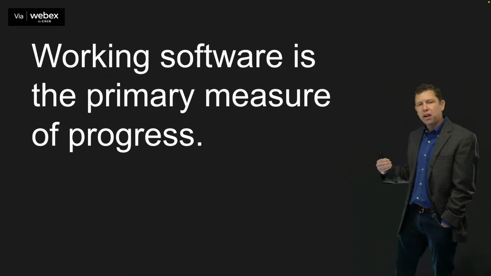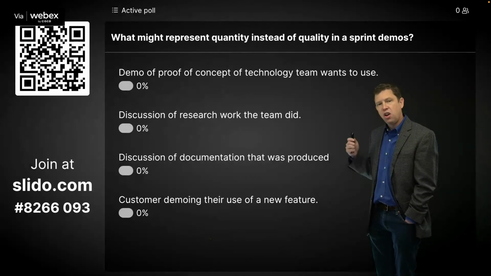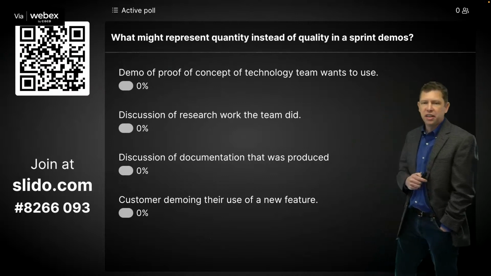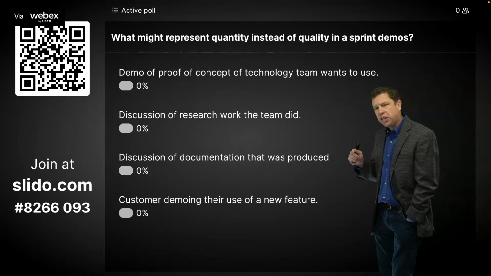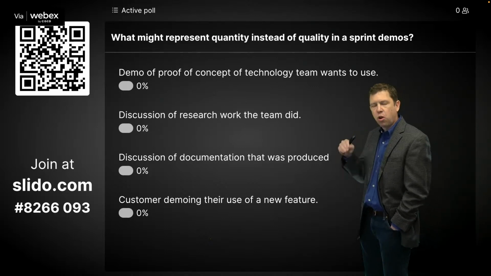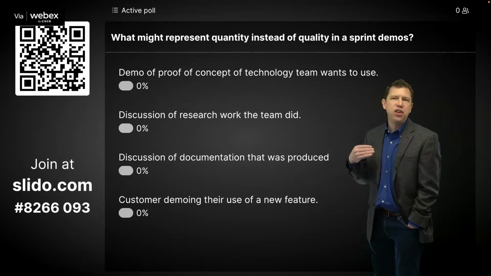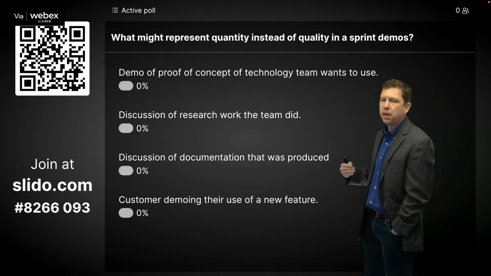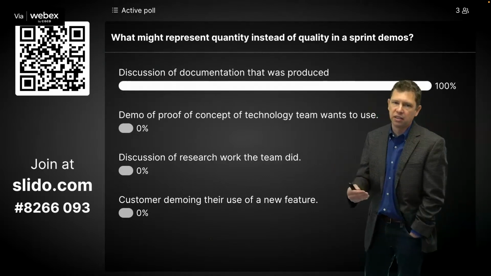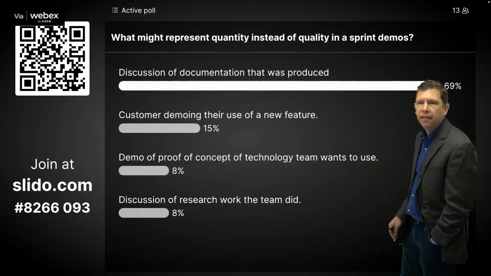If we go back and remind ourselves that working software is the primary measure of progress, what might represent quantity instead of quality in a sprint demo? So if we think about the sprint demos, what are things that could happen in a sprint demo that might make you feel like you're getting lots of stuff toward your goal, but really you're being misled by the quantity of things that are being presented rather than the quality of what's actually been done?